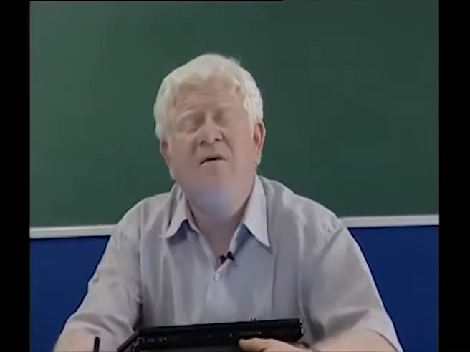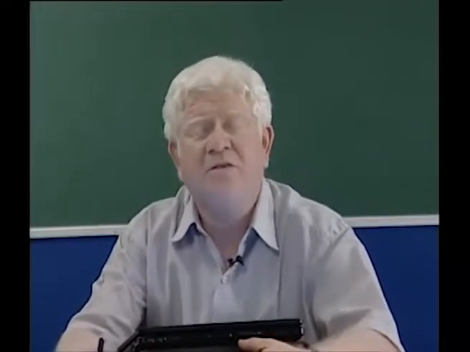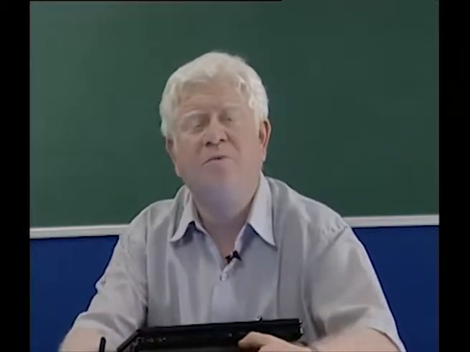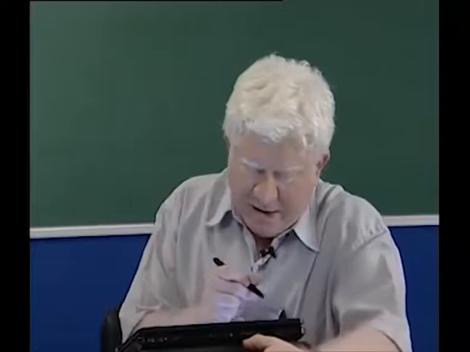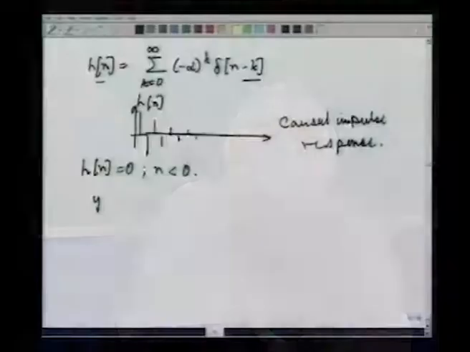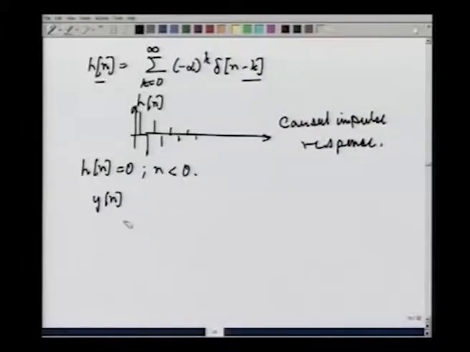Does this mean that the difference equation inherently implied that the system was causal? This is the conclusion that most of us would come to. Let me just rewrite the difference equation once again that we used. We had y[n] plus alpha y[n-1] was equal to x[n].